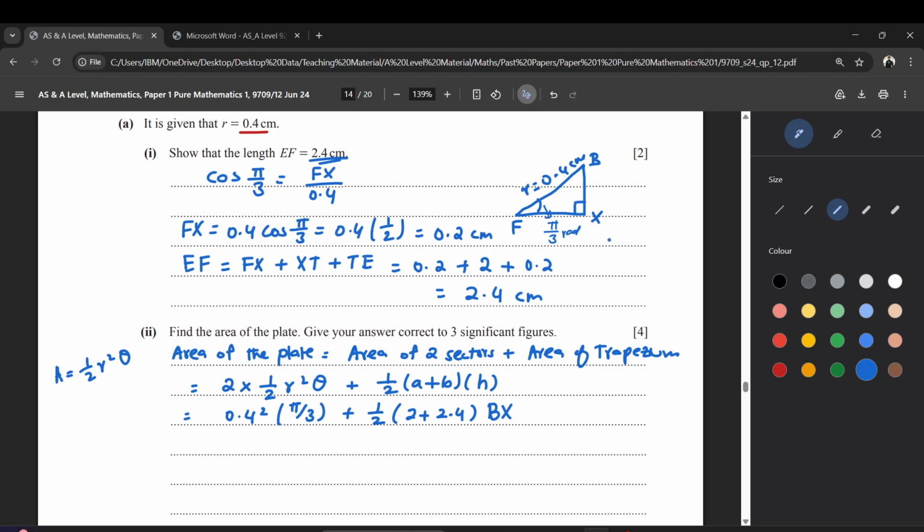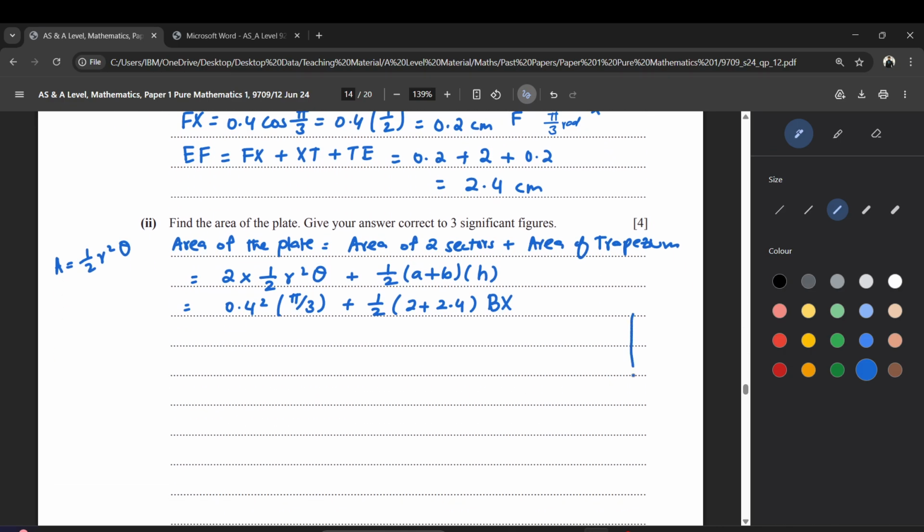So we can use the same triangle that we used above, let me quickly redraw it. So this is B, X, and F. This is pi upon 3, and this is 0.4 centimeter, r. This time, instead of FX, I need to find BX. So I need to find opposite, and I have hypotenuse, so we can use sine.